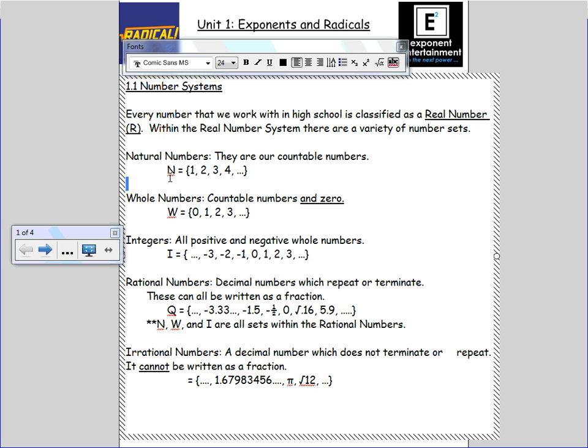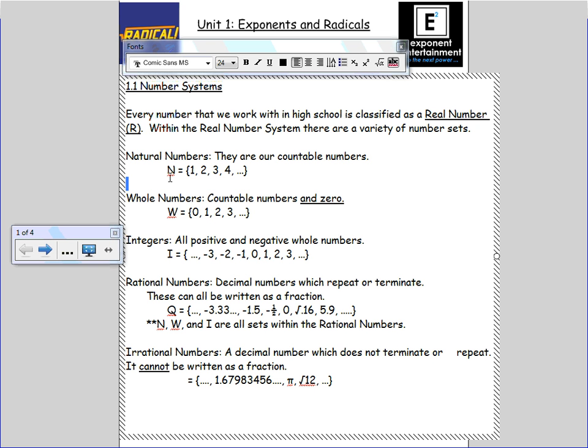Now, the tricky one, irrational numbers. That's a Q with a little line over it. I'll do it on the side whiteboard here. It's just a Q with a line over the top of it. That means irrational numbers. Irrational numbers are all real numbers that are not one of these.